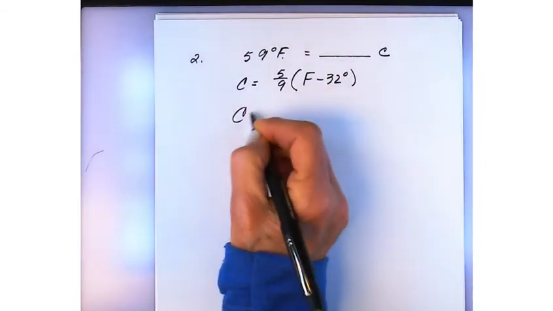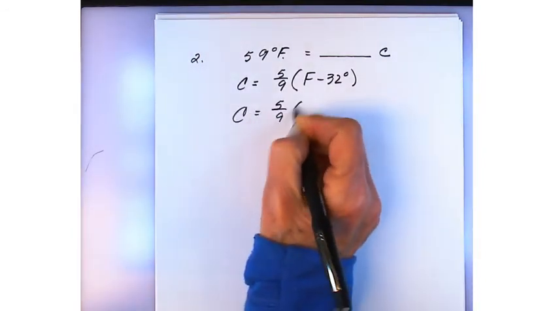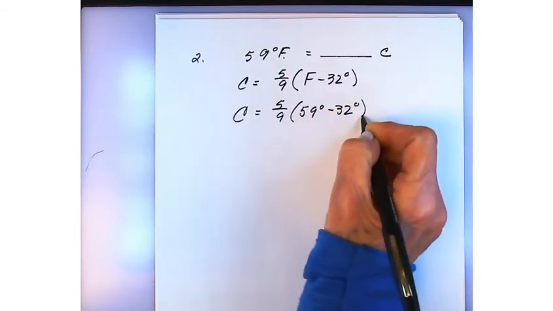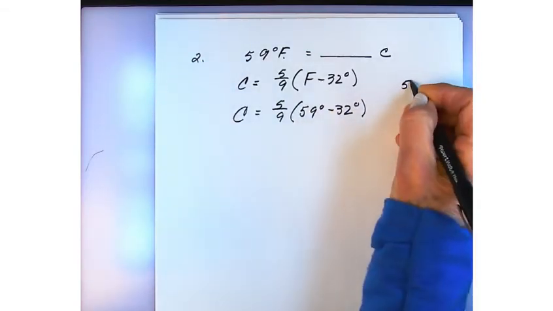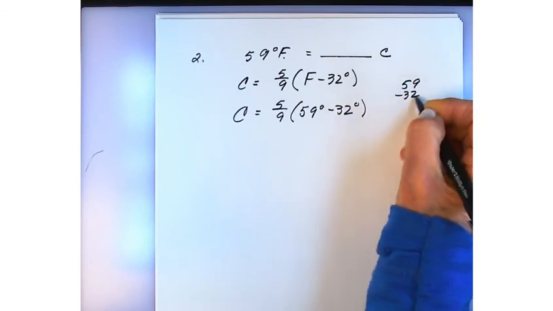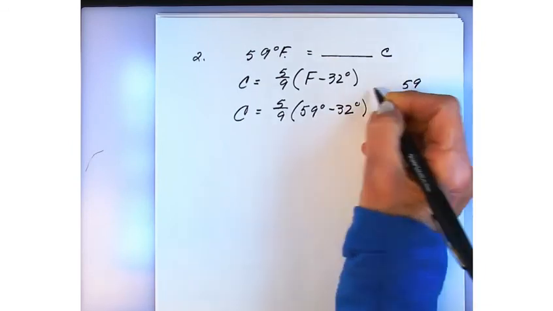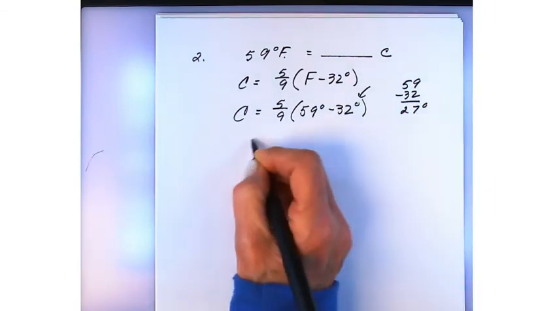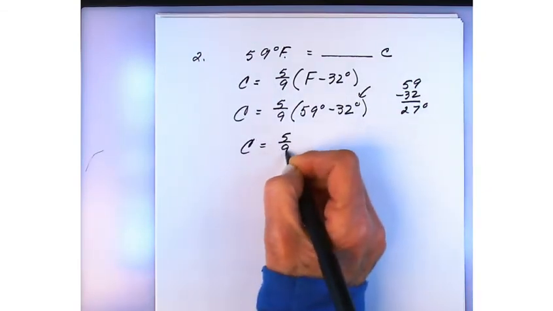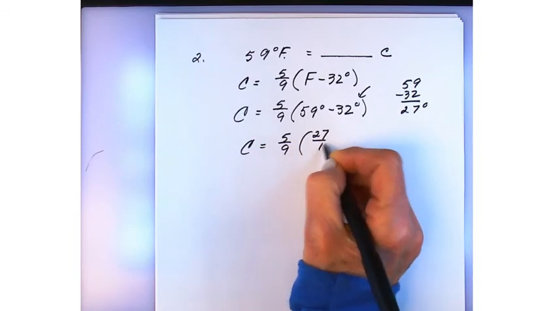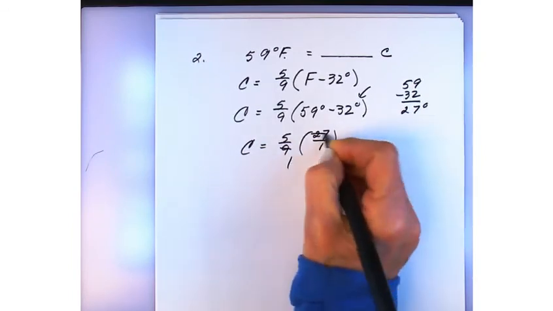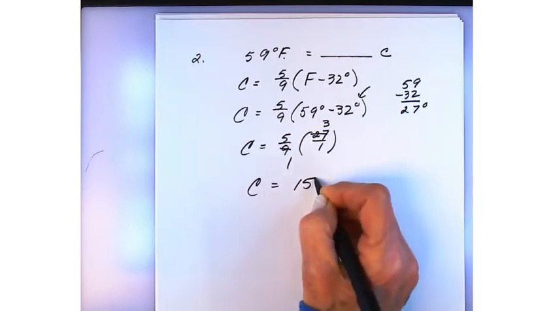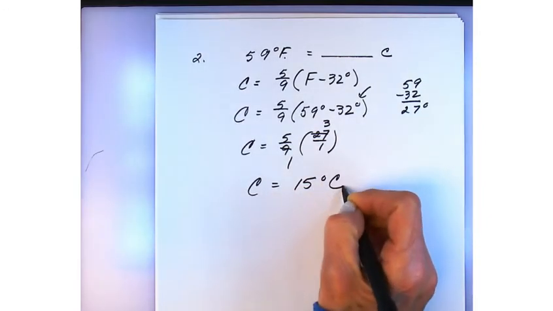So Celsius equals 5/9 59 minus 32. I will go off to the side. Remember your order of operations. We have to go inside first, and I get 27. And now I have 27 over 1. 9 into 27 goes 3 times, and I have 15 degrees Celsius.